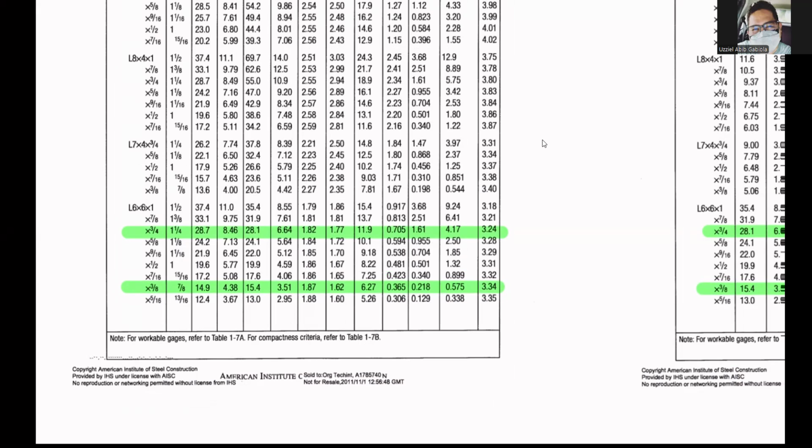Okay, so Pn over omega now will be Fu, which is given as 68 ksi, so 68 kips per inch squared, times Ae, that is U, which is 0.73, times An, which is 4.38 inches squared.